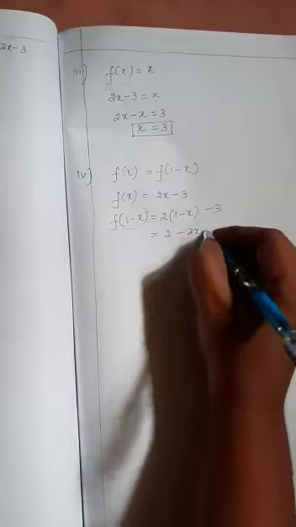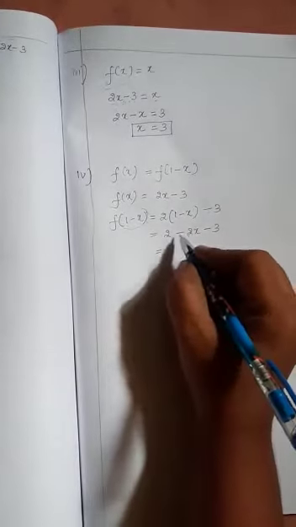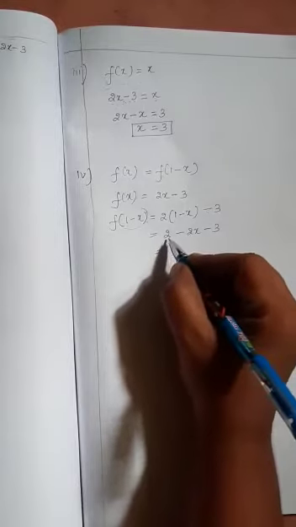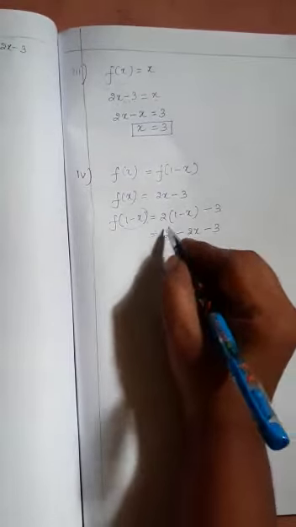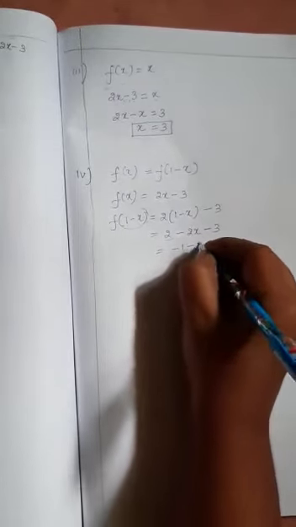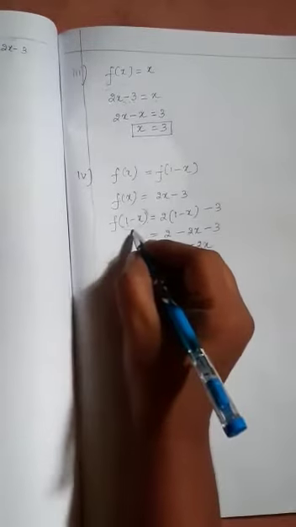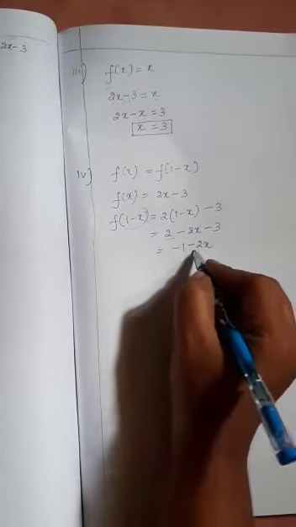Now this minus 3 is separate. So write that as it is. So like terms together. So we have just 2 is a constant and 3 is also a constant. So 2 minus 3 is minus 1 minus 2x. So f of 1 minus x, the value of f of 1 minus x is minus 1 minus 2x.